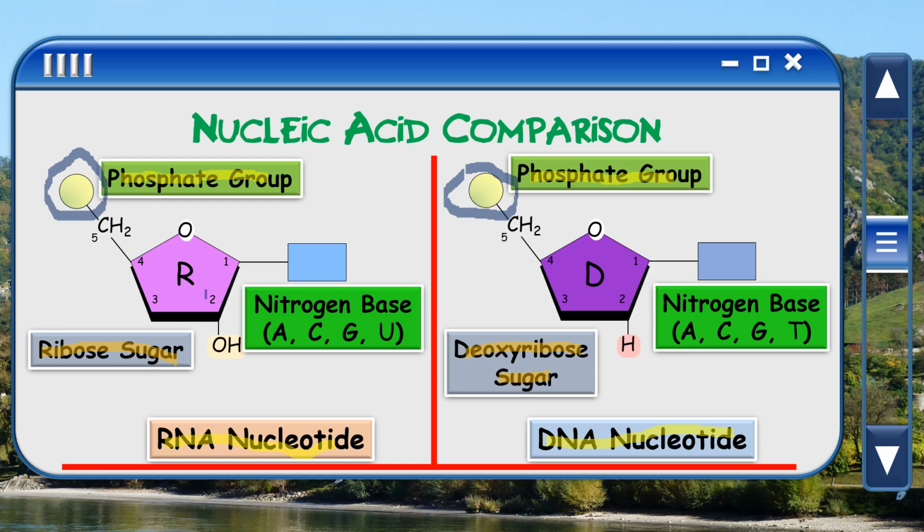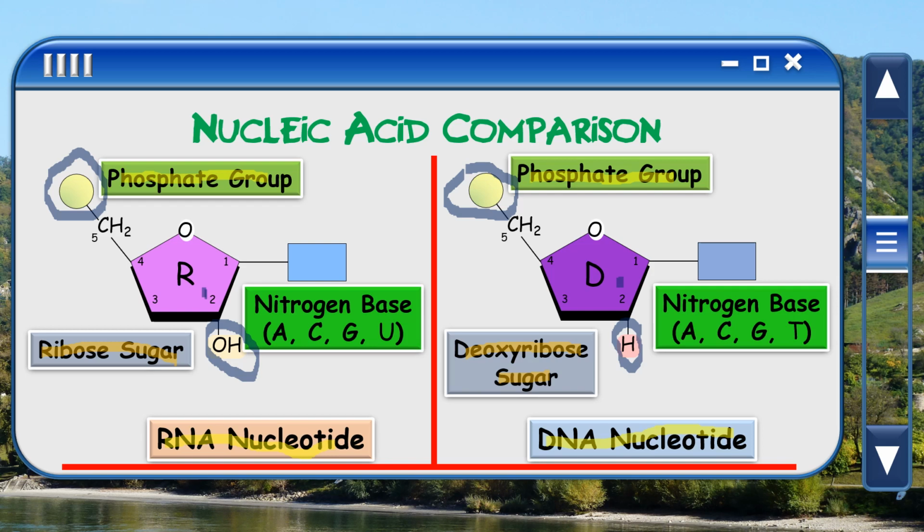Carbon atom 2 on the ribose sugar has got a hydroxyl, whereas carbon atom 2 on the deoxyribose sugar has got a hydrogen. So that is the difference of the two sugars.